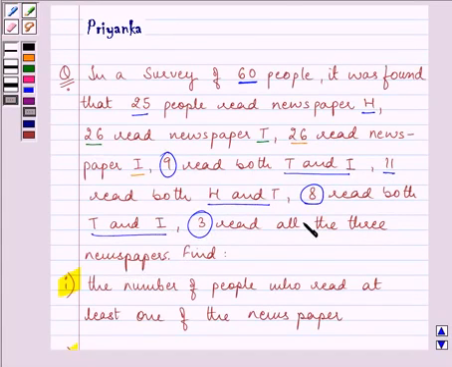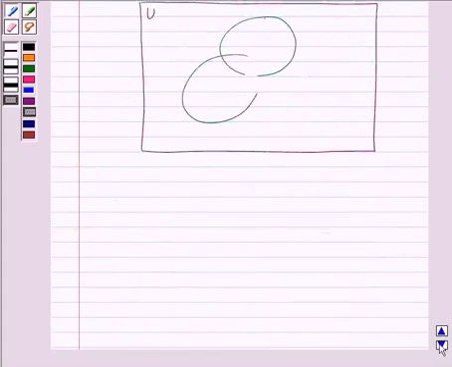So, we'll equate the elements like this.